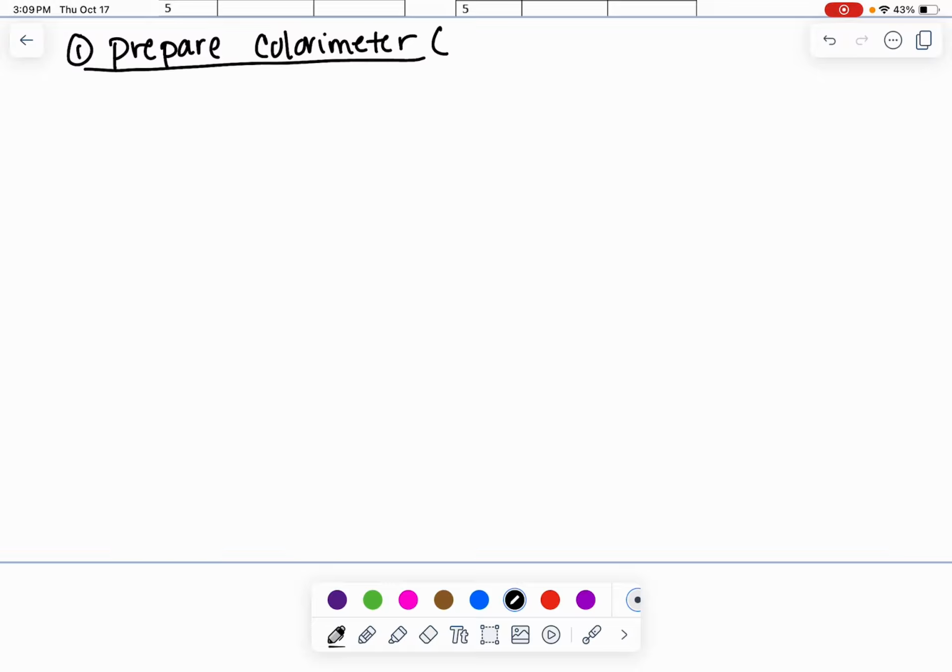This is on the last page of the lab. You can read the directions in words. But basically, you're going to plug it in because it takes 5 minutes to warm up. And you're going to follow the directions on a blue sheet that I'm going to give you in lab.